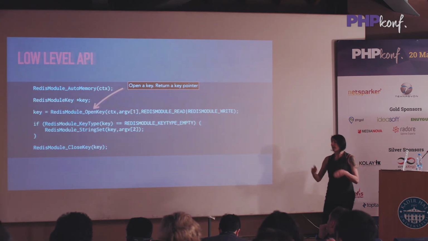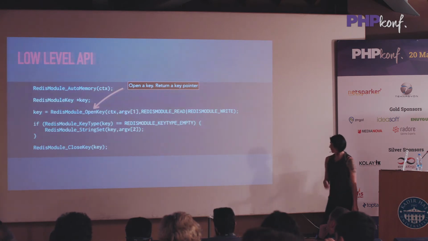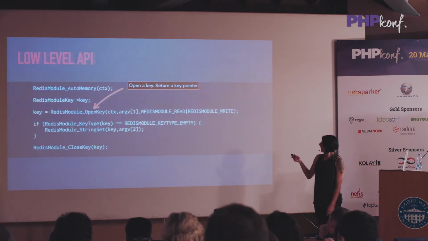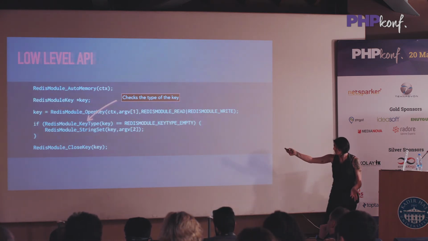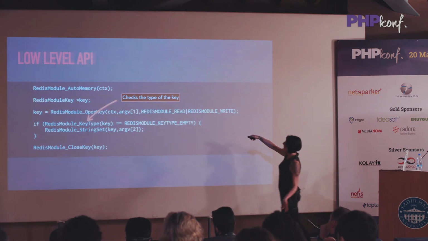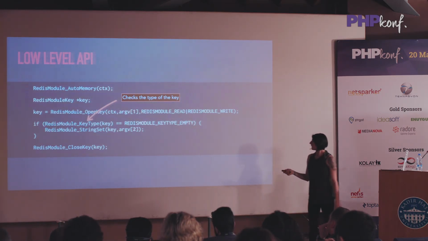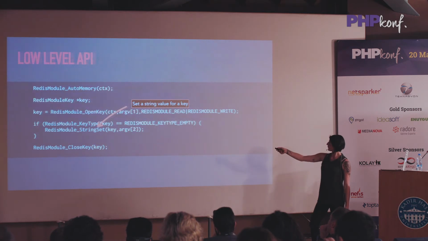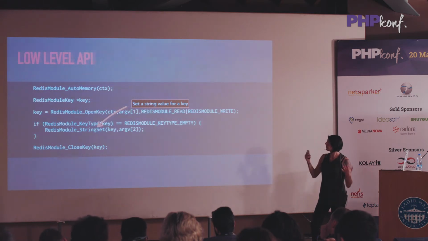We need to define that in an organized way. And then we check the type of the key, for example. And if this key is empty, we set it to the argument we pass to this module. A simple example, but it's good enough for us to see what we can do.